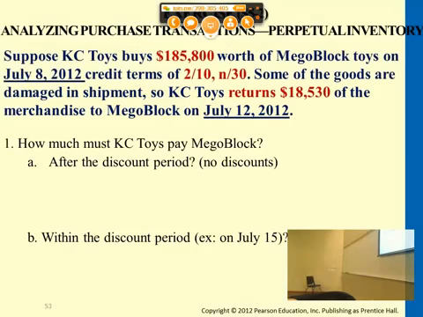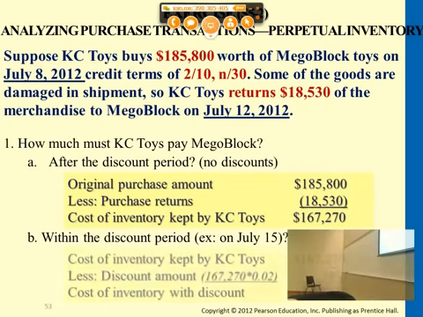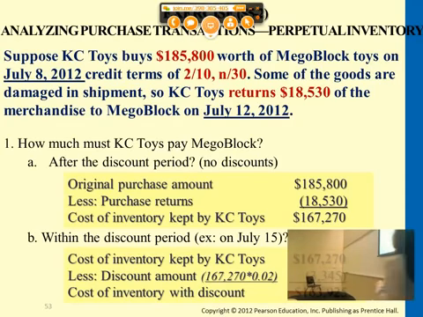All right, so on Monday at the end, we covered this problem here. We have the original inventory cost, $185,800. Then there are credit terms, 2/10, n/30. We talked about the cost of inventory purchase, the cost that we pay within the discount period or after the discount period.